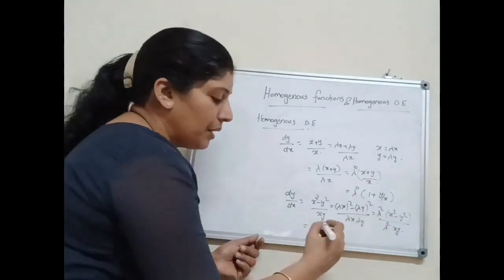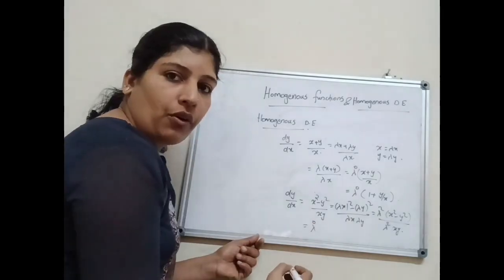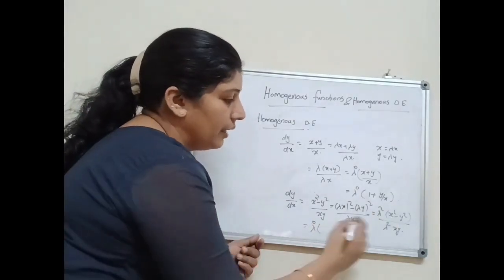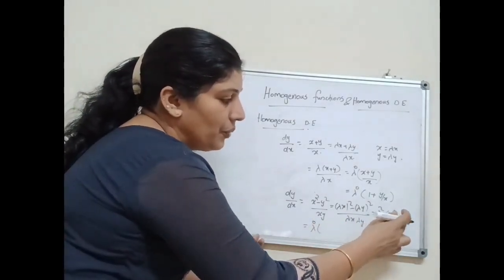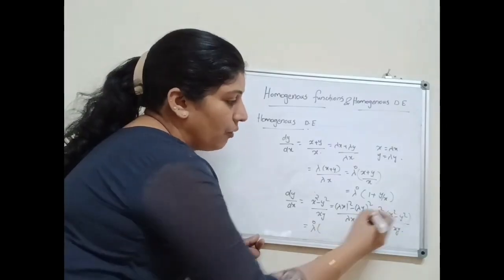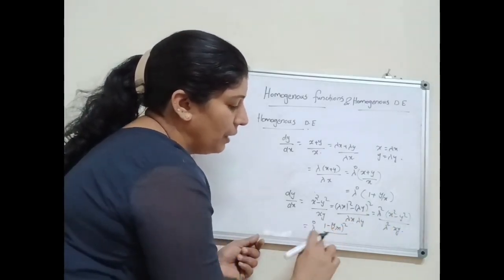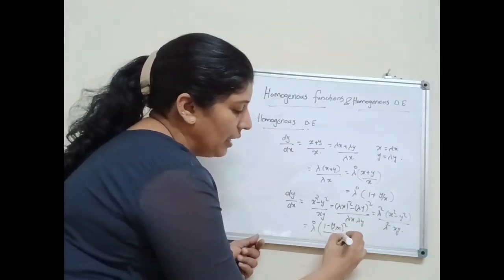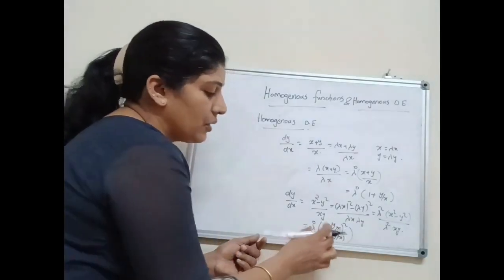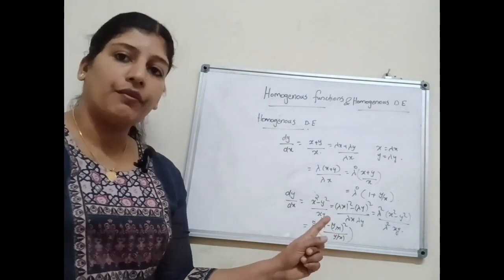Here lambda square by lambda square gives lambda raised to 0 into, dividing throughout by x square, the numerator 1 minus y by x whole square divided by the denominator y by x. That is, here it is of the form lambda raised to 0 into a function of y by x.